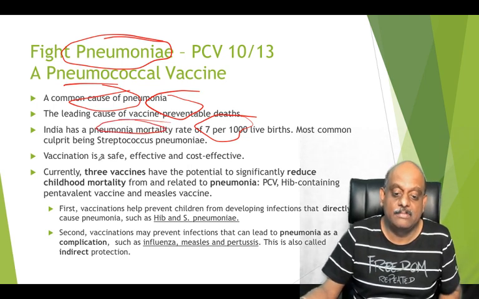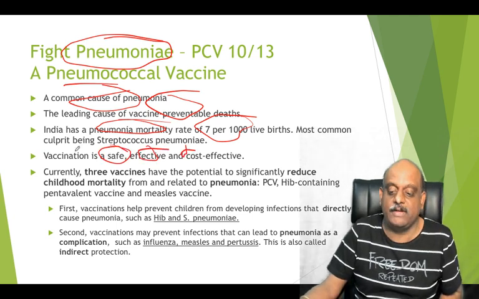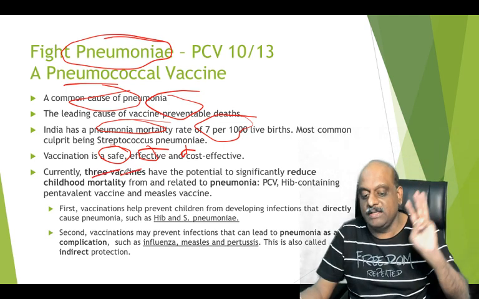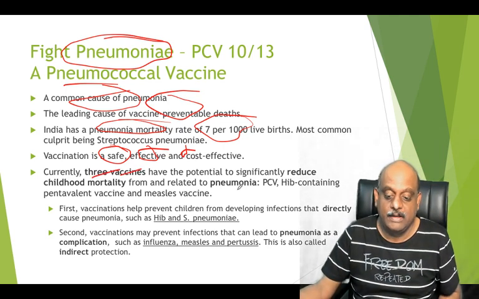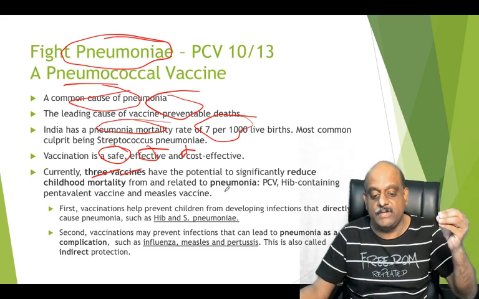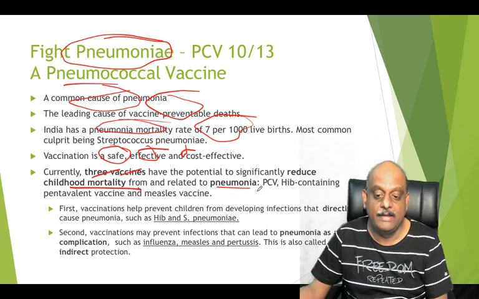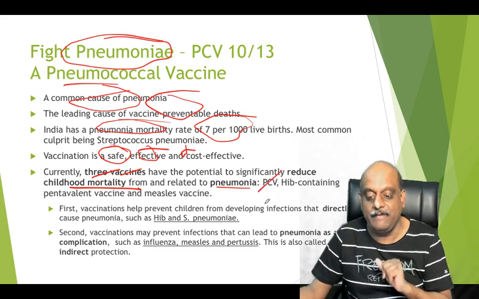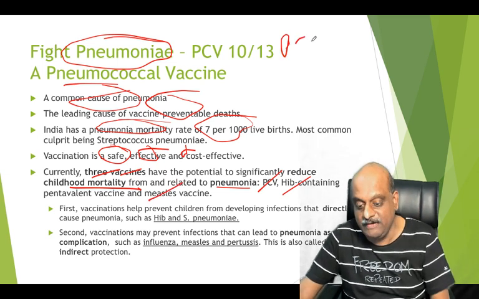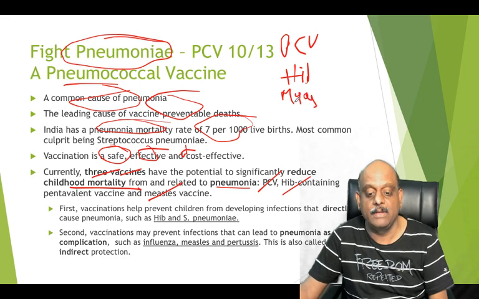And this pneumonia vaccine is safe, effective, cost effective. How do you give? 3 vaccines are known to decrease childhood mortality related to pneumonia. What are they? PCV, pneumococcal vaccine, Hib vaccine, measles vaccine. PCV, Hib, measles. Don't forget.